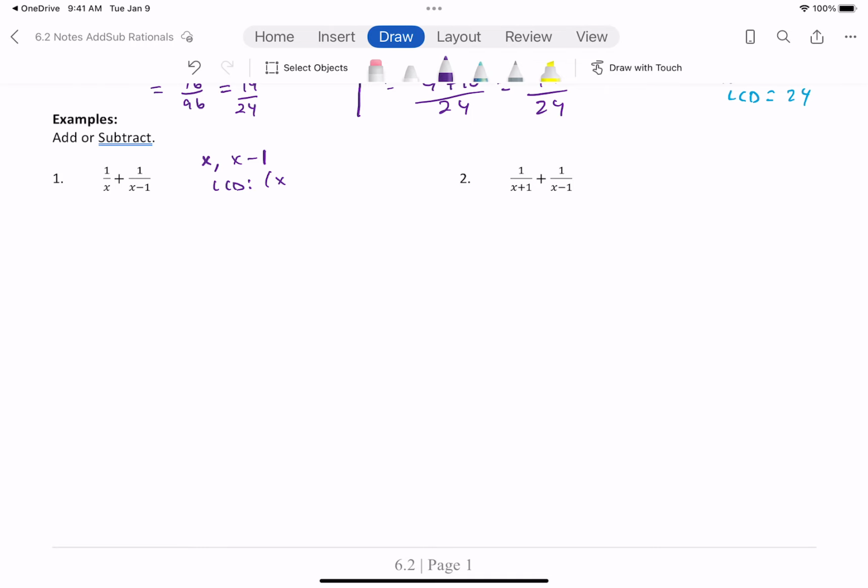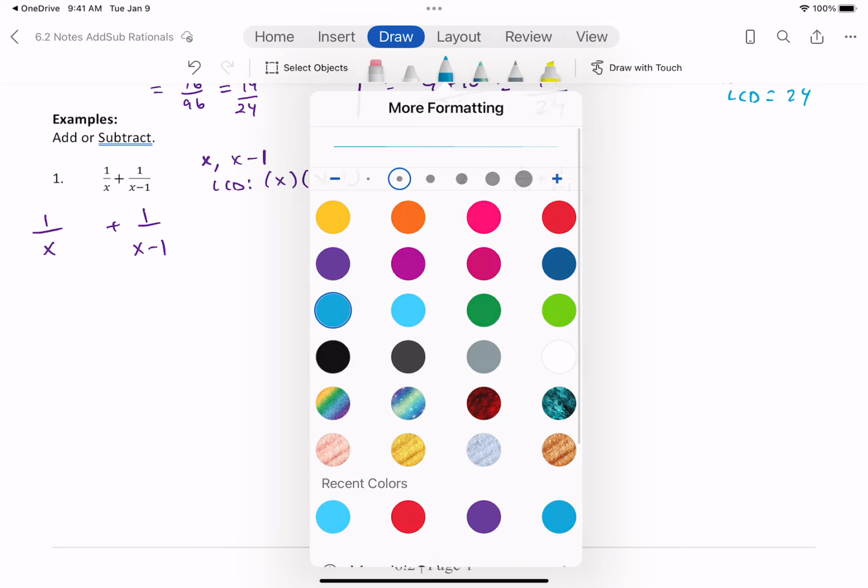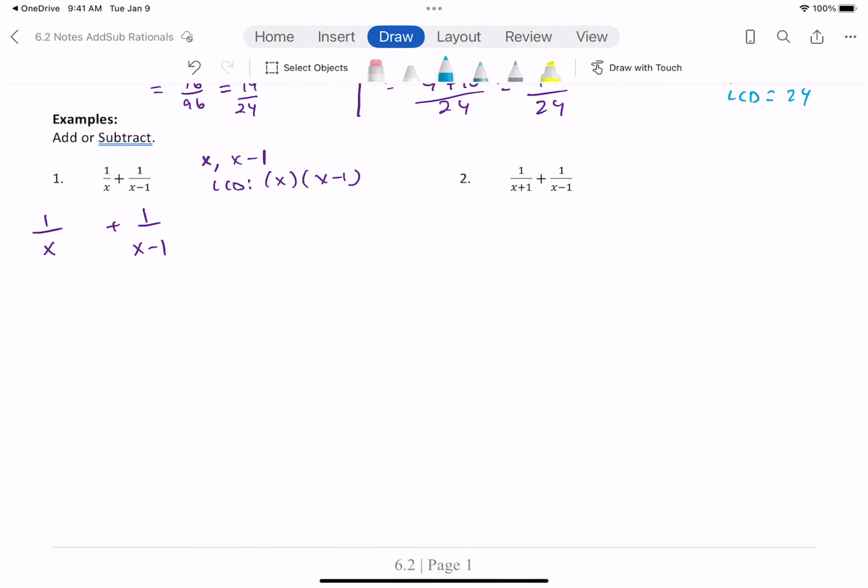So our only option here is to just multiply them together. So we're going to need to go through this same process and get these to have the same denominator, and this is the denominator we want.